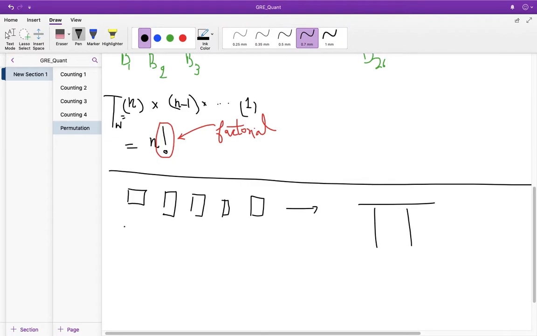He has to arrange these books, but how many ways can he do that? So the answer to this would again be n factorial, which is 5 factorial. And this turns out to be 5 into 4 into 3 into 2 into 1, which is 120.